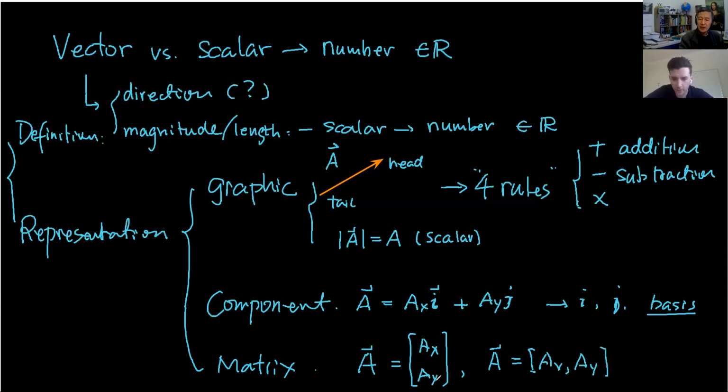But we will explain why and how we can simply rely on the two components to represent vectors. Okay. So let's talk about the graphics. This is the first topic today. Secondly, if we have time, we'll cover this one. Okay.